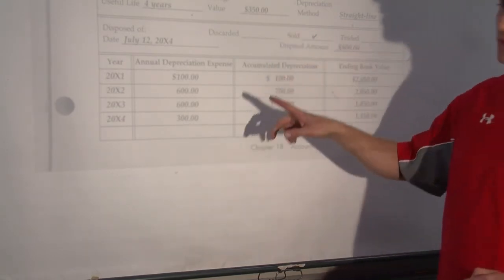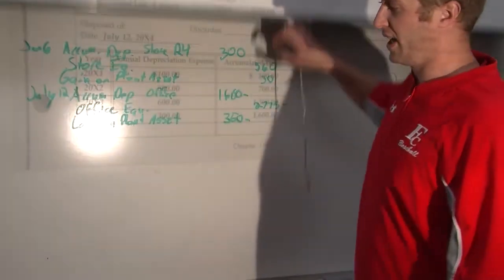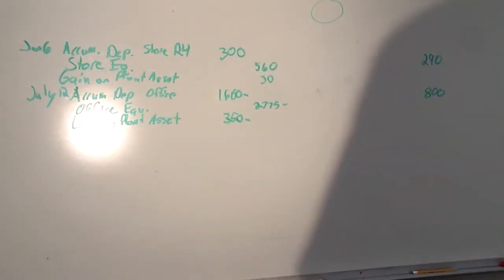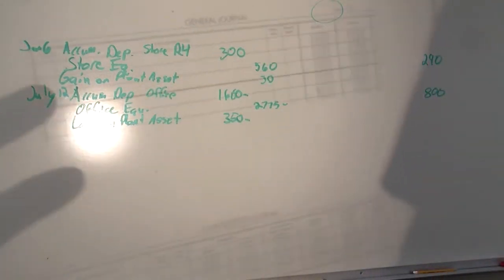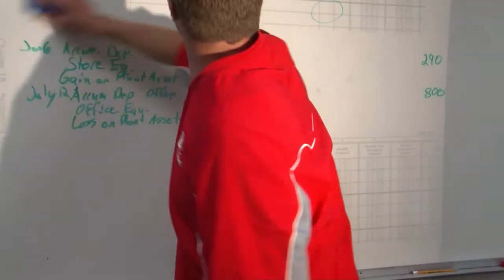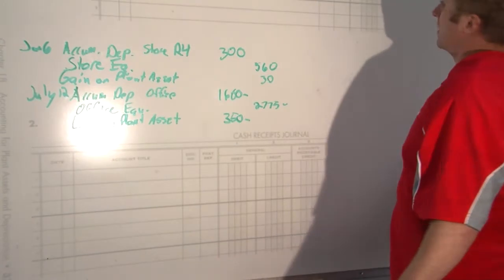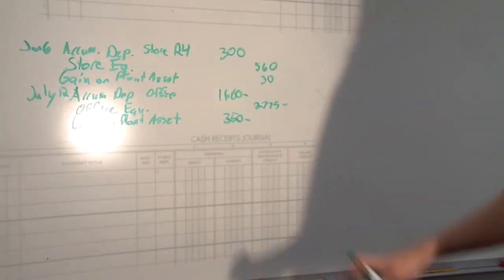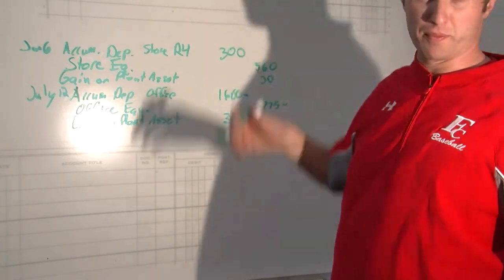Mark that out. Now we need to also record that in the journal. I'll keep this information up here. In our journal, we need to record that depreciation.